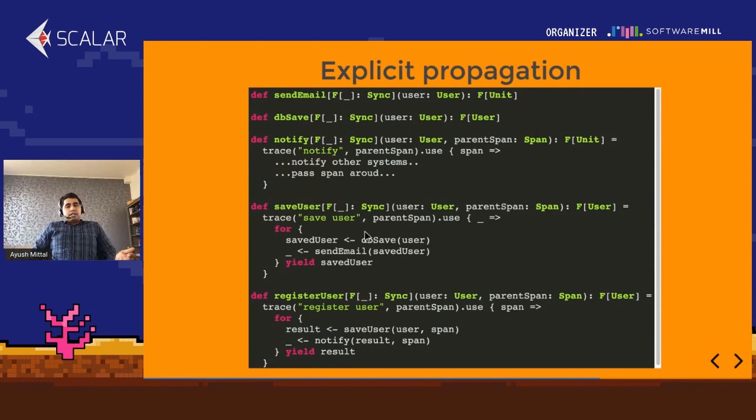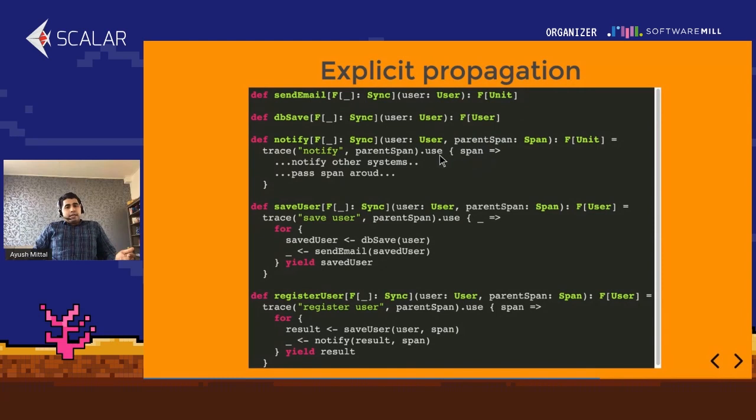The save user and notify methods do the same thing. Save user again creates a new span called save user, and the parent span is provided as a method parameter. It performs a DB save and an email send. Notify also creates a span. It's called by the name notify. It also gets the parent span information as method parameters.